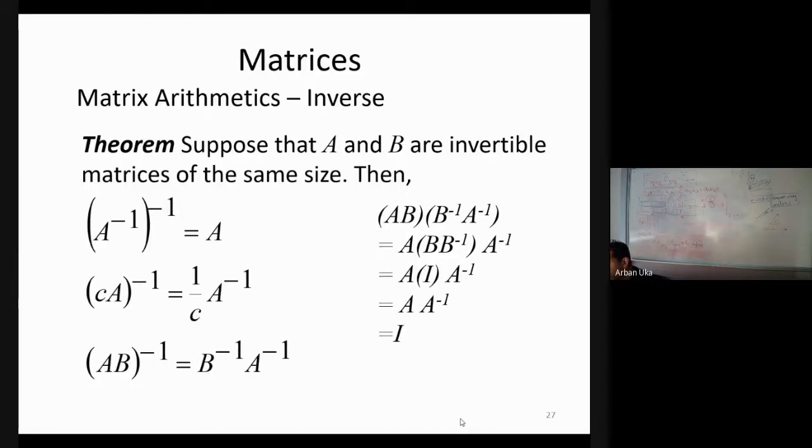And actually, the proof of the last identity, you can intuitively read on the right side of the slide. Imagine for a moment, you have the matrix AB, you multiply it with B inverse A inverse. We want the identity matrix in the end. If you multiply B and B inverse the way they are shown over there, you get the identity, and then you will be left with A times A inverse.